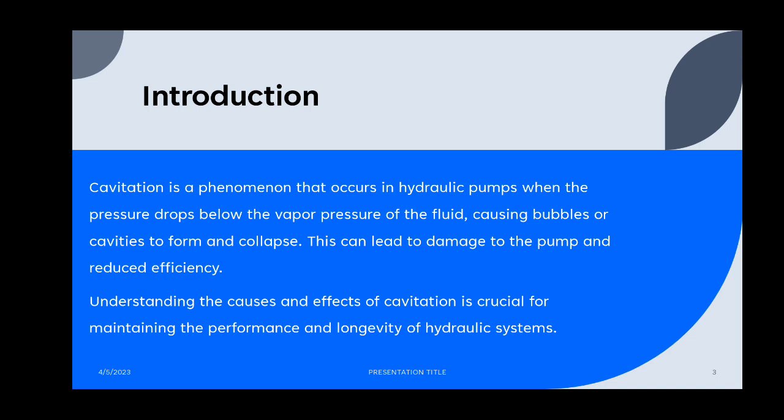So if we consider water as our fluid, the vapor pressure of the fluid is 1 atmosphere.